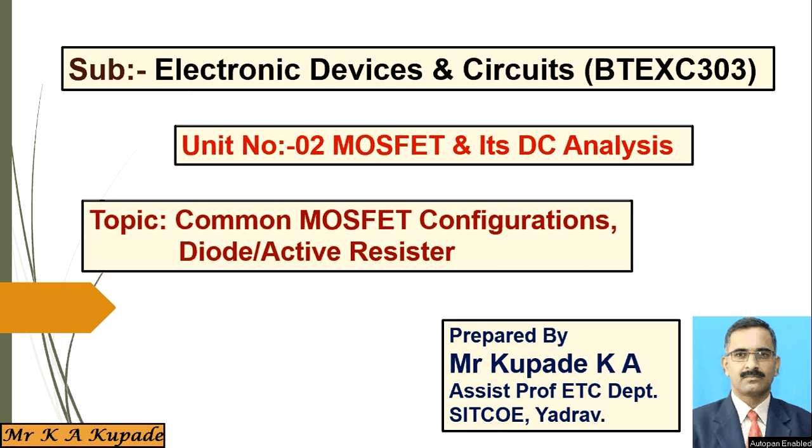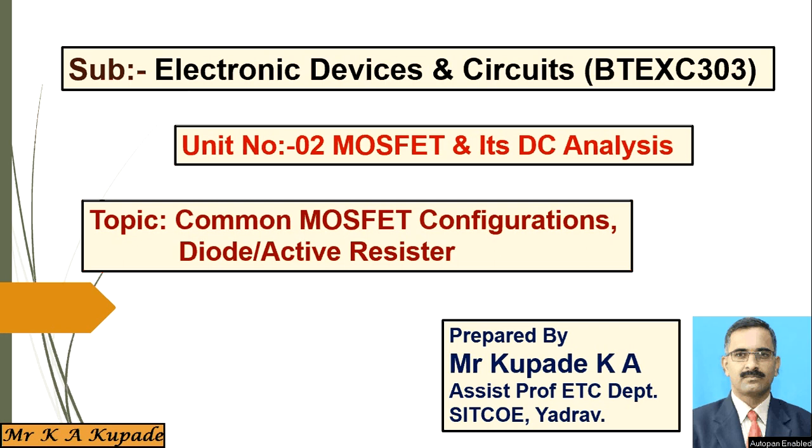That's why these MOSFETs are used in logic circuitries, which give the output either high or low. Such digital circuits are implemented using these MOSFETs. That is the point we discussed in the previous video lecture.